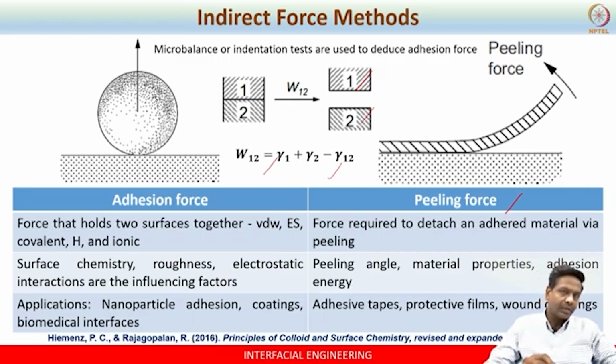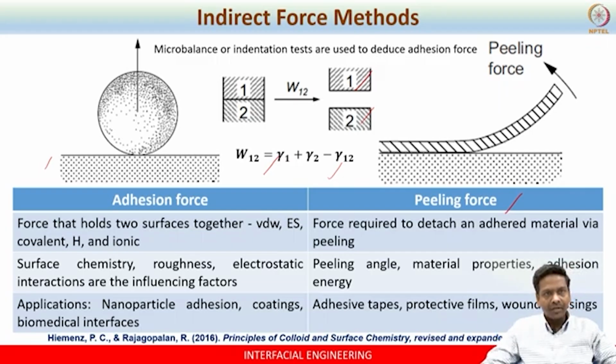Now, exactly what we are doing is, by knowing the force required to detach these two surfaces away from each other, by computing that particular force, one can actually calculate what will be the adhesion force, right?